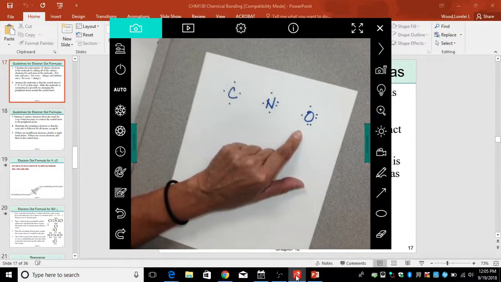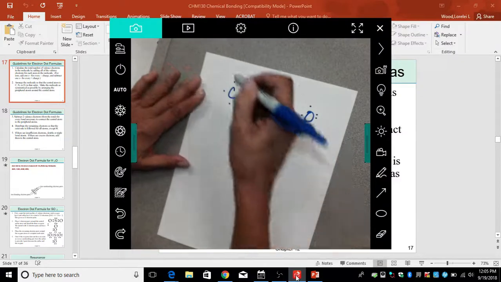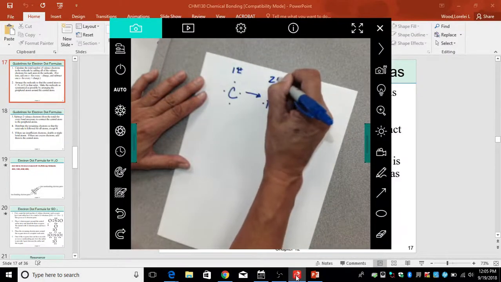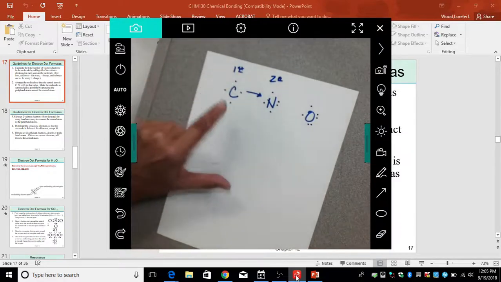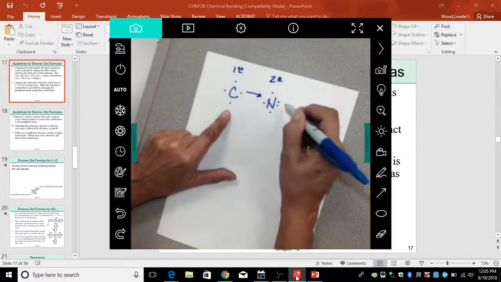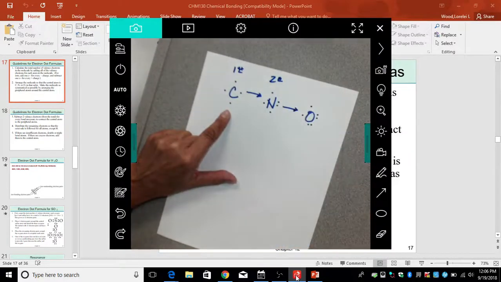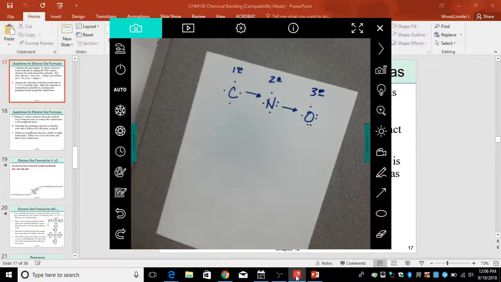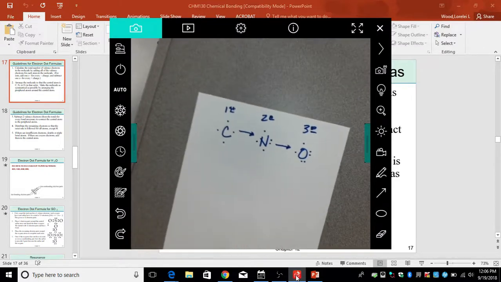How many opportunities to bond does oxygen have? 2. So first most likely to form bonds, and first most likely to be the central atom, is carbon. Second most likely to be the central atom is nitrogen. Third most likely is oxygen. Now that's a general rule, and sometimes there are molecules that don't have one of these in it, and you have to work from that direction.